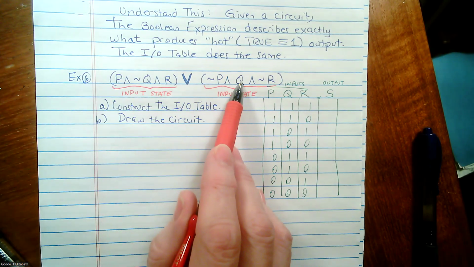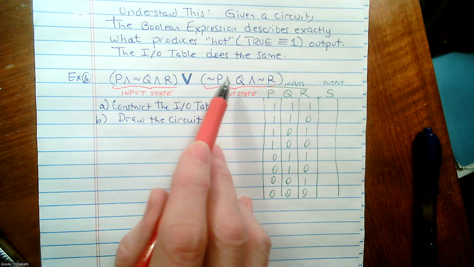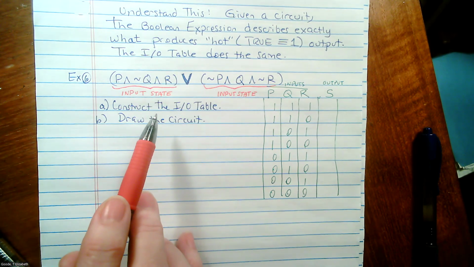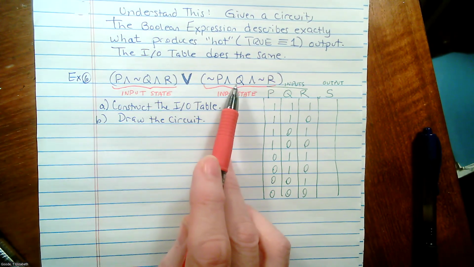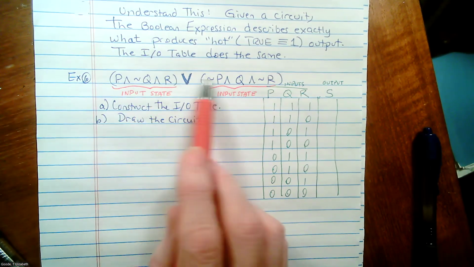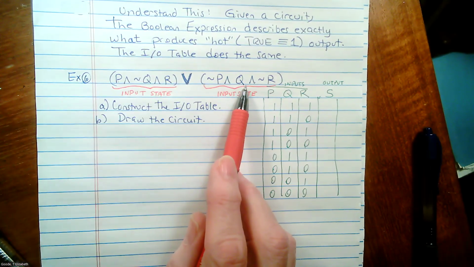If either of those happens, because this is the or, then the circuit should output a hot wire or a 1 or true. If anything else happens as input, this expression doesn't involve those circumstances, and the output would be a 0.